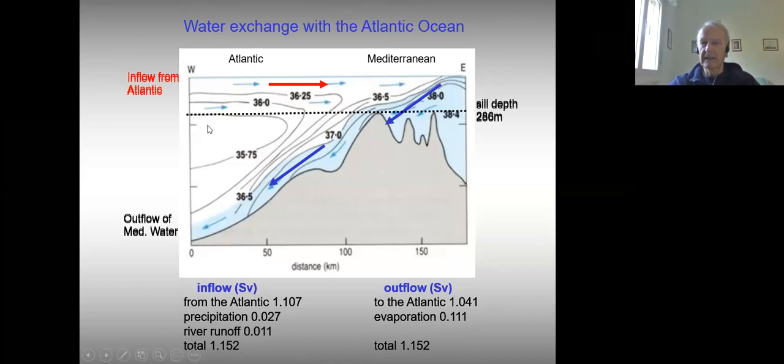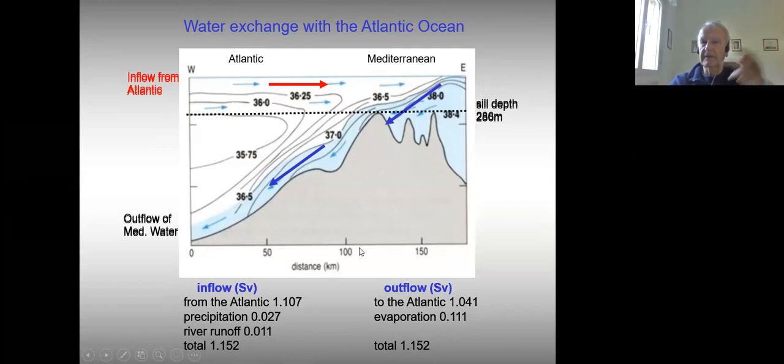The total inflow of the Atlantic water is 1.15 million cubic meters per second, and the outflow is 1.15 million cubic meters per second. So it's huge, can you imagine this? It's a huge amount of water.